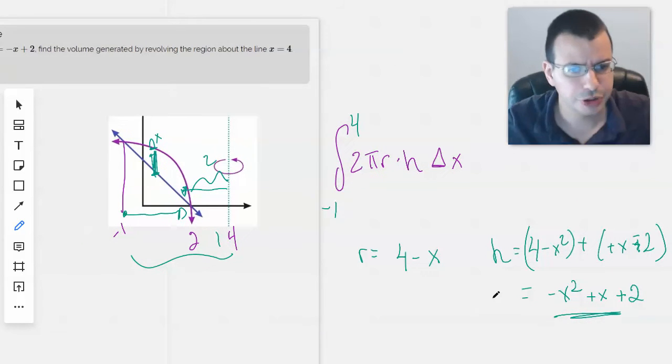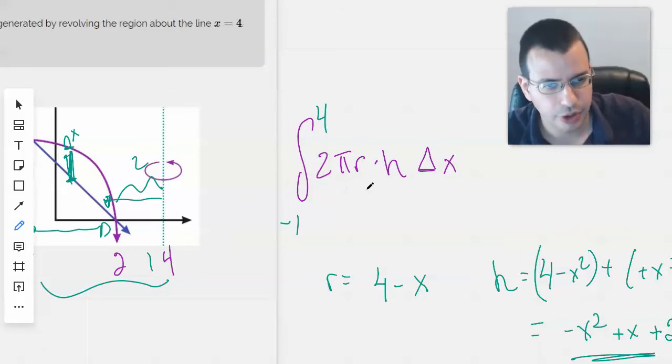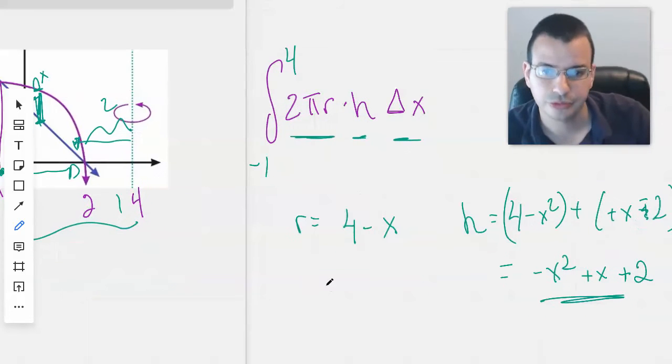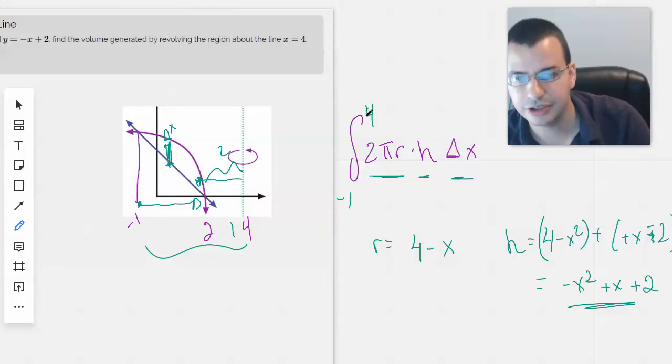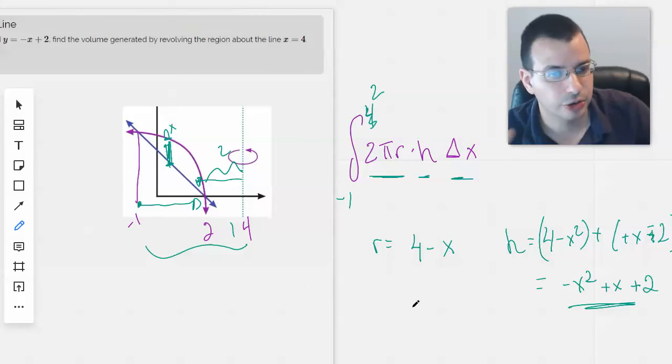Okay, so to recap real quick what we did. This is our generic formula that we use for the shell method. It is the circumference of the shell times the height of the shell times the thickness of the shell. We found that the radius is going to go from biggest at negative 1 to the smallest, not to 4, that's to 2, to a value of 2 when it's at 2, because 4 minus 2.